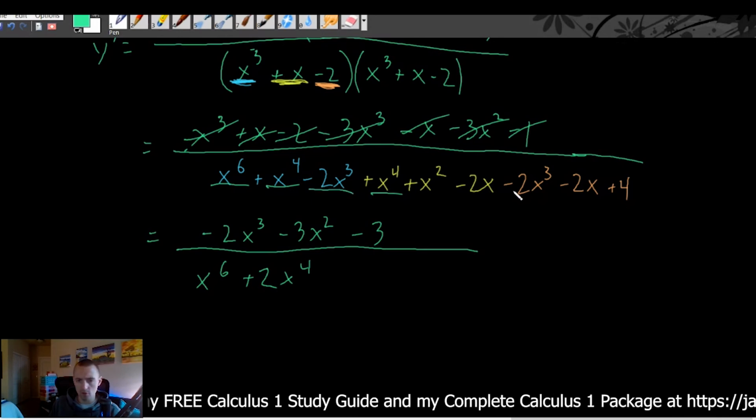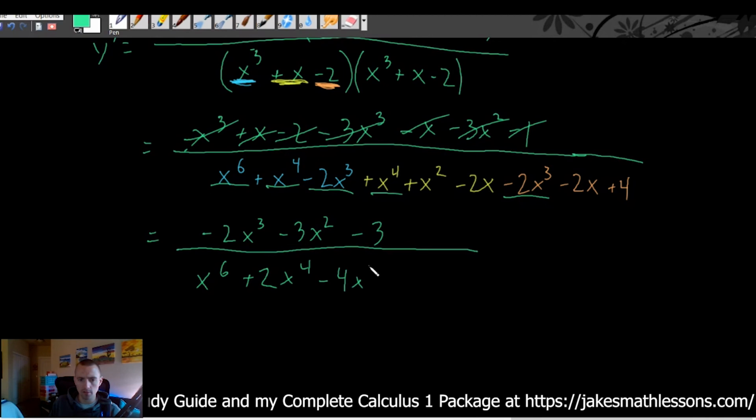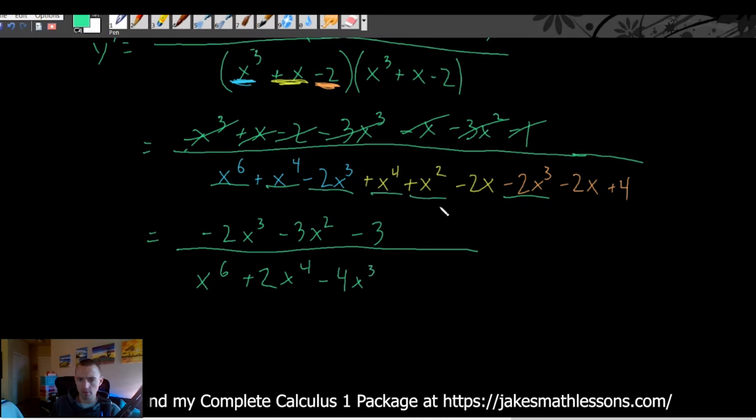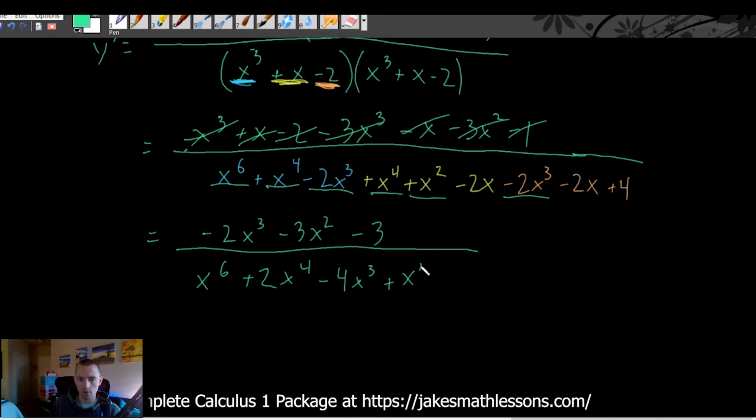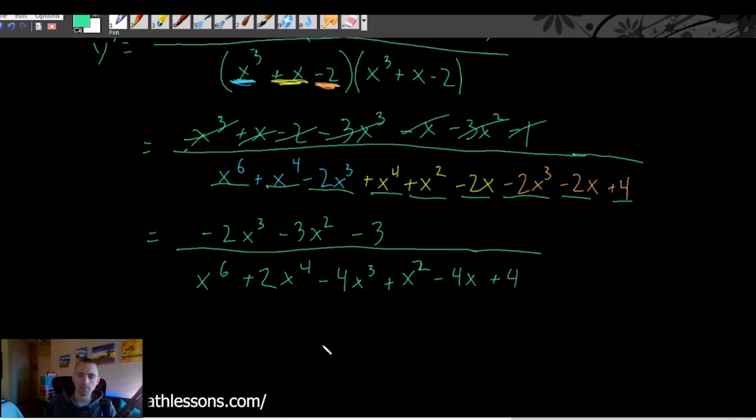Minus 2x cubed minus 2x cubed, so that's minus 4x cubed. Plus x squared, and that's the only x squared term. Minus 2x minus 2x gives us minus 4x, and plus 4. It's quite a doozy. And then there's no more like terms, no more distributing. There's really nothing else to do there. So that should be it for that.